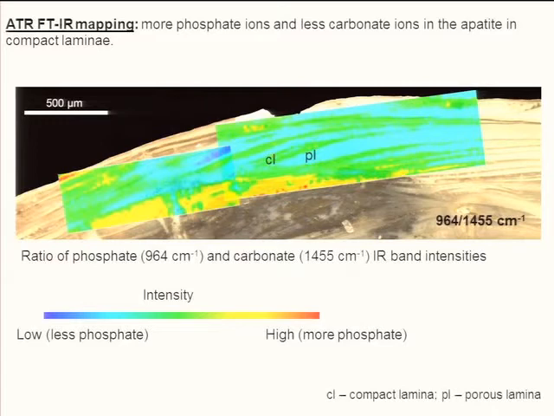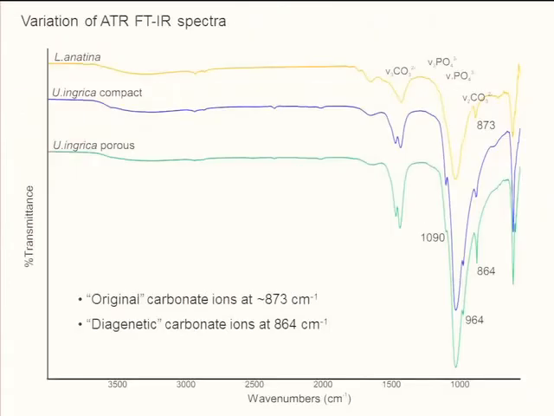Carbonated apatites are actually very common, and both biological and sedimentary apatites are usually carbonated apatites. To study the nature of carbonate anions in the apatite crystal structure, it is useful to look at the variations in infrared spectra.